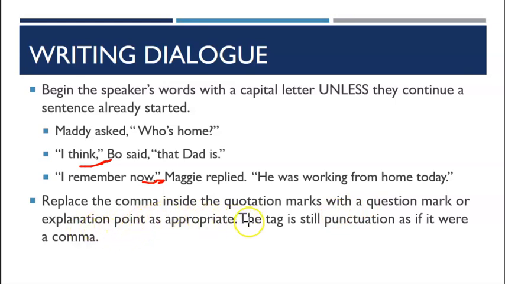But you're going to punctuate the tag as if it were a comma. So in this case, again, all of our tags have names, Maddie, Bo, and so therefore, you would capitalize the name. However, if it's not a name, just because you've now used a question mark or an exclamation point, you don't capitalize that first word in the tag.